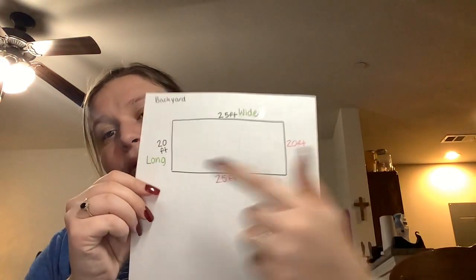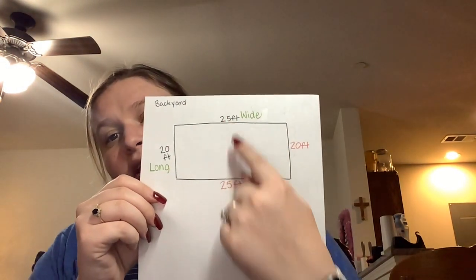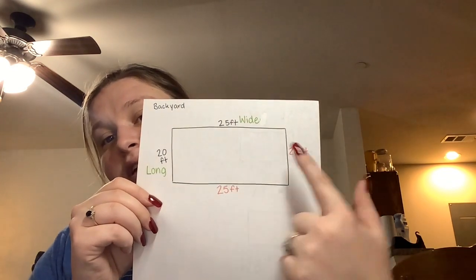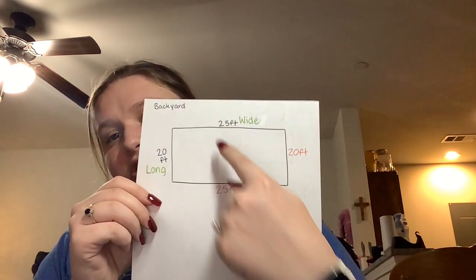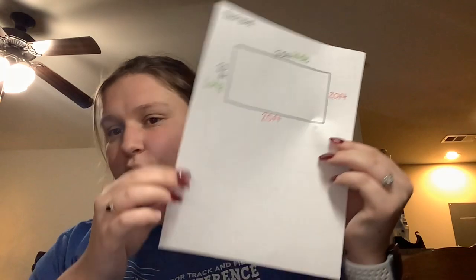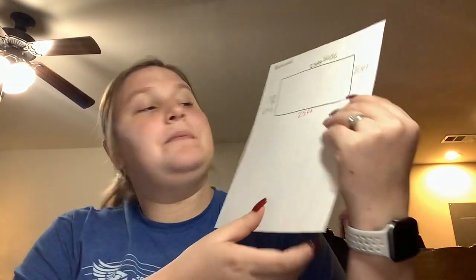Okay, so my colors don't match as well on this paper, but here's my paper, and we have long and wide, and then I have my 25 and my 20 opposite of where they're supposed to be. We're going to work on this paper because we have more room to work. So what did we just say about width plus length plus width plus length? Yes, so that's how we find our perimeter.